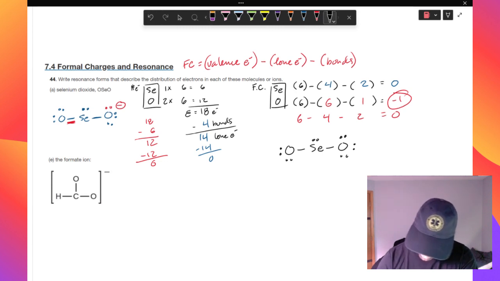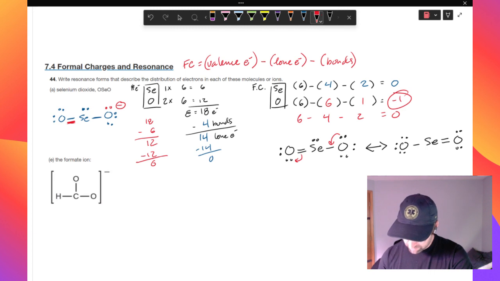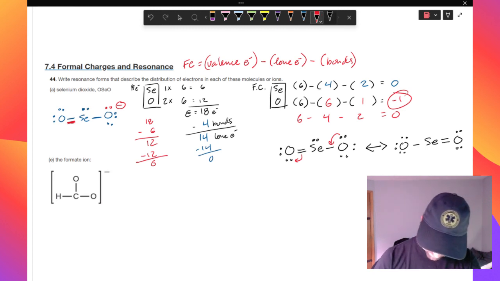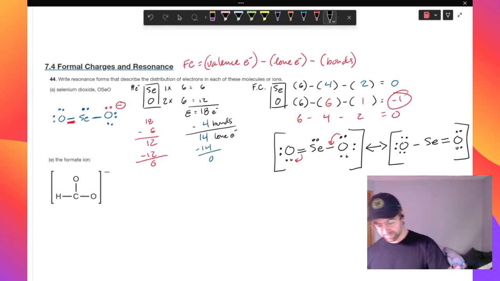And our resonance looks like, oh, let me make sure I get that, like so. So these are our resonance structures.